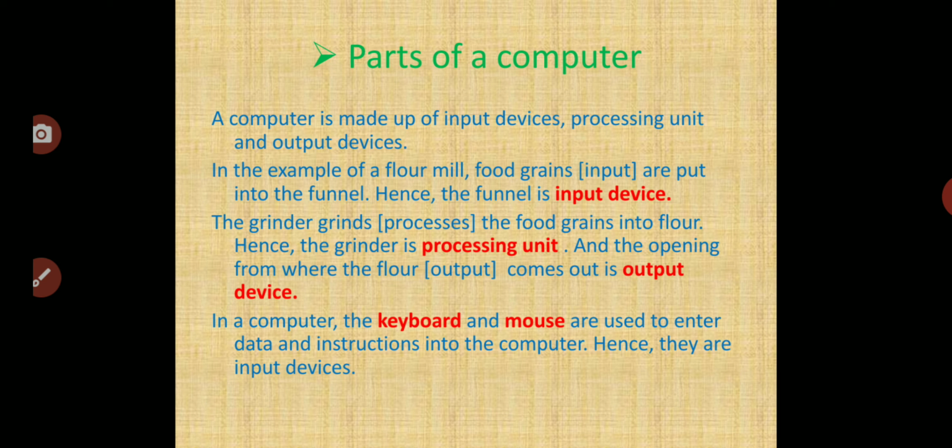The grinder grinds the food grain into flour. Hence, the grinder is the processing unit. And the opening from where the flour comes out is the output device. Same example of flour mill. And we take the same other example of a mixer and fruit juice.